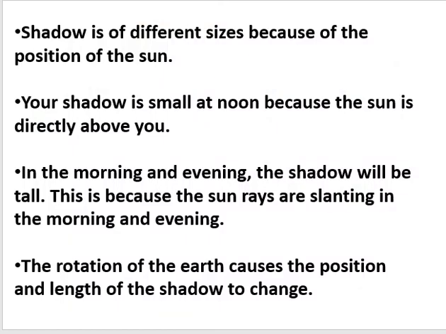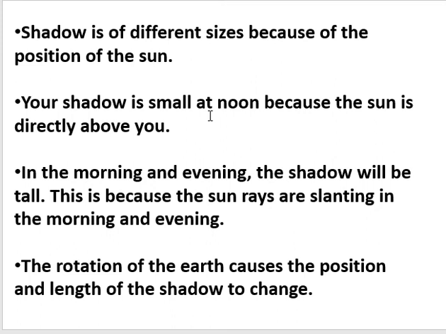Why? Now the answer is, your shadow is small at noon because the sun is directly above you. The sun is directly above your head. But in the afternoon and in the evening and in the morning, the shadow will be tall because the rays are slanting.